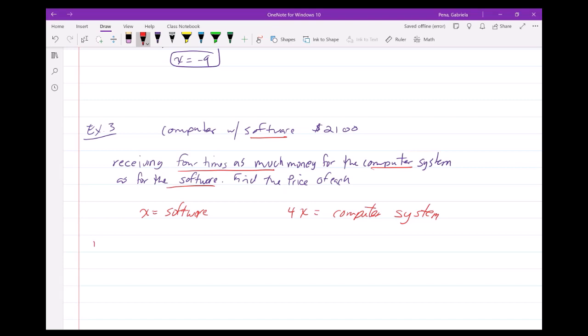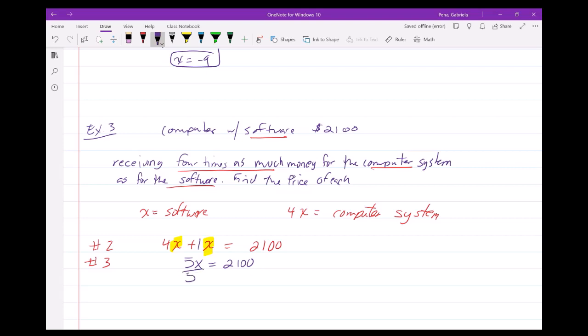So then we could do the translation, which means that 4X plus X together, the computer system and the software, sold for $2,100. Now I'm going to step 3, which means I solve, because these both have an X. That means I could add them together: 4 plus 1, 5X equals 2,100.